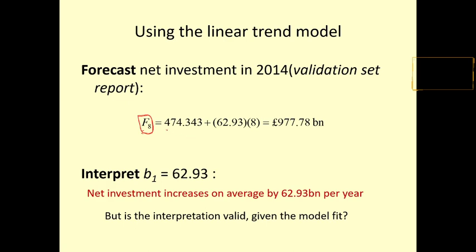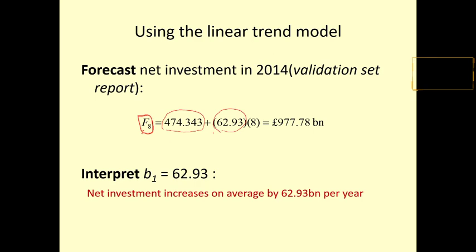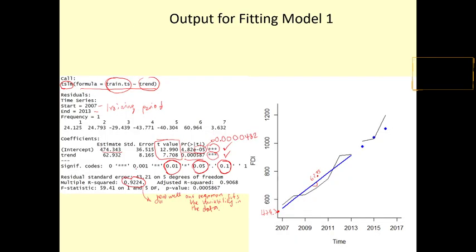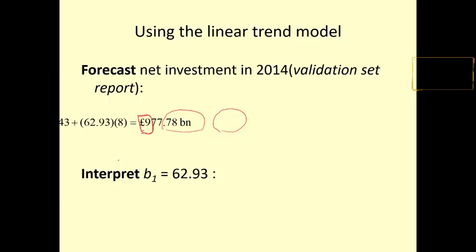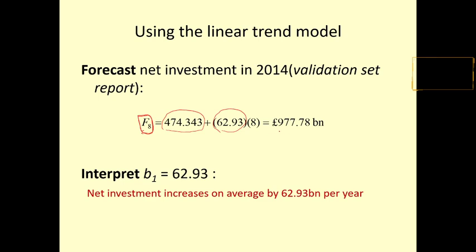So we use 474 and 62.93, the coefficients that we found here, and this equals this value. This is therefore the forecast for time equal 8, meaning this is the forecast for 2014. This is the intercept, and beta 1 is 62.93.